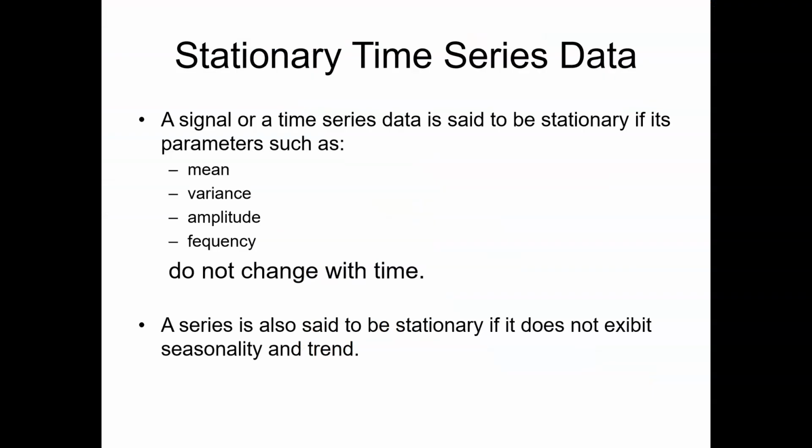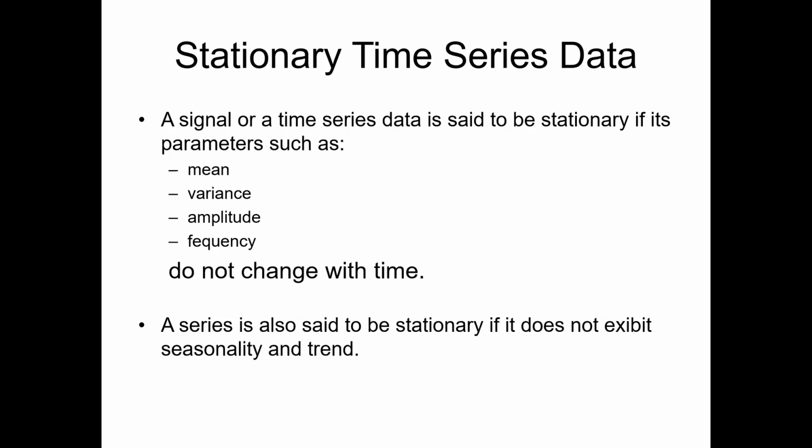To start with, we need to first understand what is a stationary time series data. In very simple language, a signal or a time series data is said to be stationary if its parameters such as mean, variance, amplitude, frequency do not change with time.